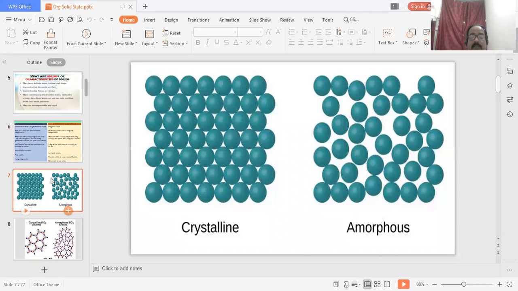This is the crystalline structure. Here you can see the particles are closely packed to each other, so the surface, edge, corner, and vertex are all clear. But in amorphous solids, the particles are arranged irregularly, here or here or here. So the shape of crystalline is fixed and here it is not fixed.